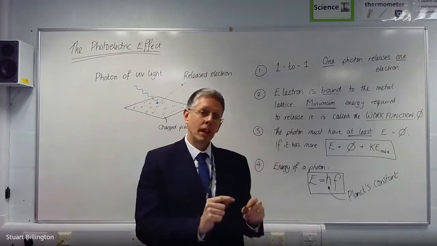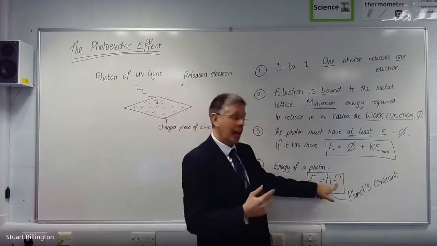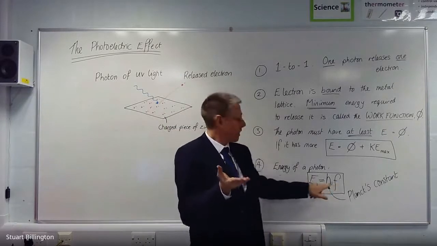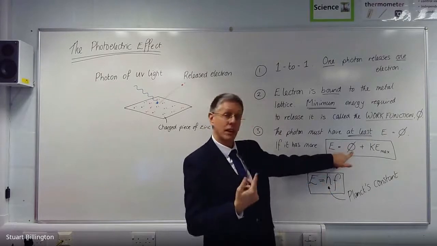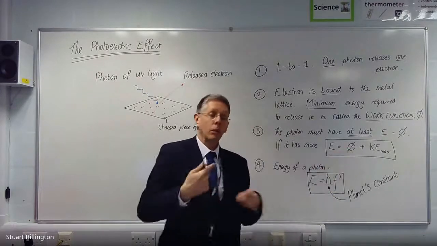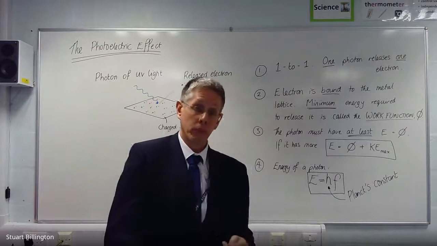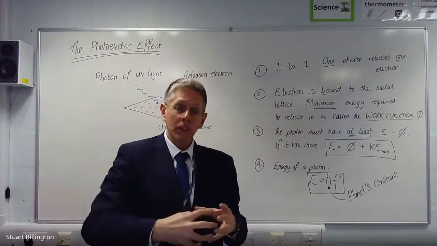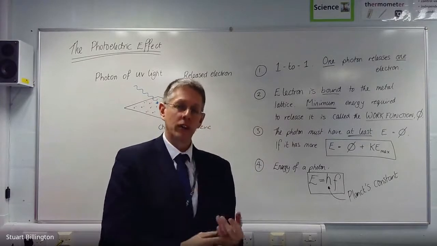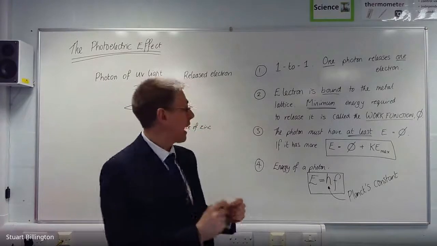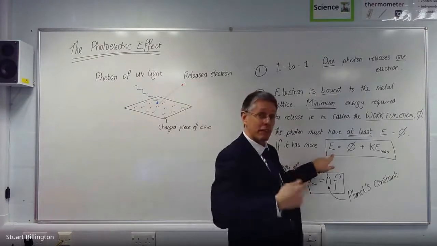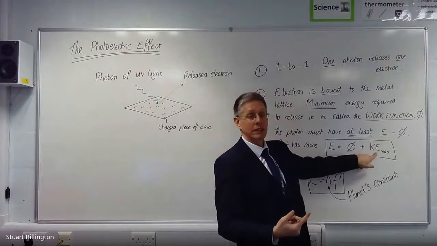Even if the frequency is high enough that the energy is higher than the work function, it won't be allowed to release more than one electron. All of that energy goes to the one electron that absorbed it, and therefore that electron will have some leftover energy, which will be its kinetic energy.